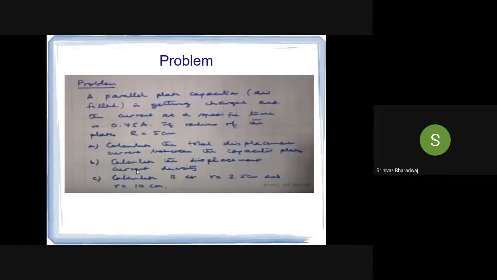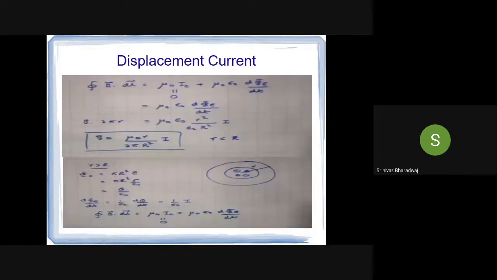So a parallel plate capacitor is getting charged, and this is a simple problem. The current at a specific time is 0.45 amperes. The radius of the plate is R equals 5 cm. Calculate the total displacement current. For that, you have to enclose the space, right?